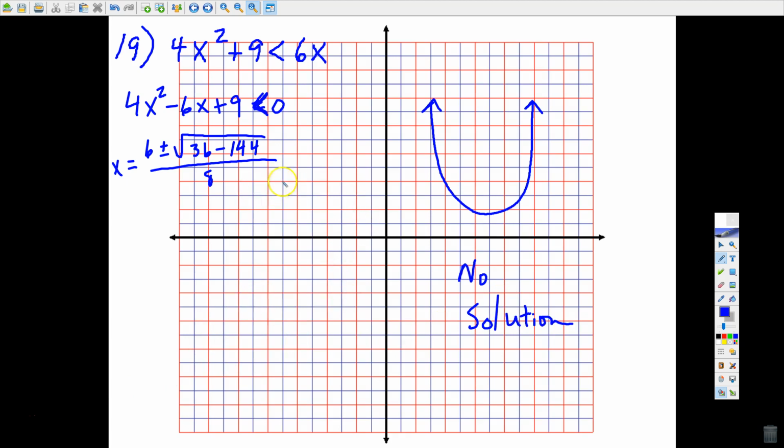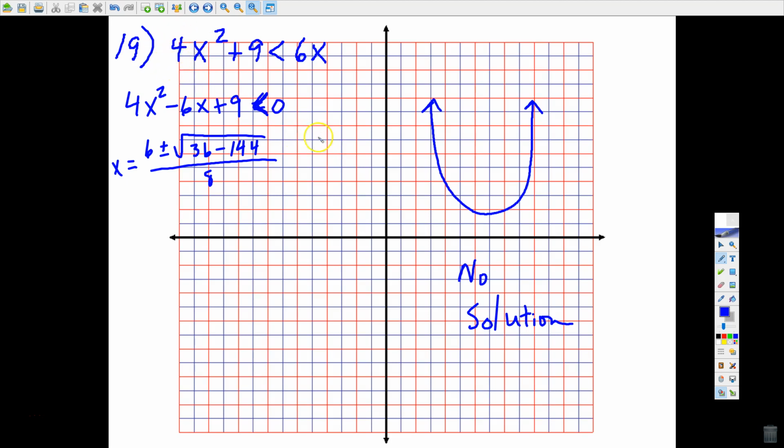So the bottom line here is, if your quadratic does not factor when you're looking for the x-intercepts, I would personally do the discriminant first. If the discriminant is negative, you know you don't have any x-intercepts, then pay attention to how the quadratic opens.